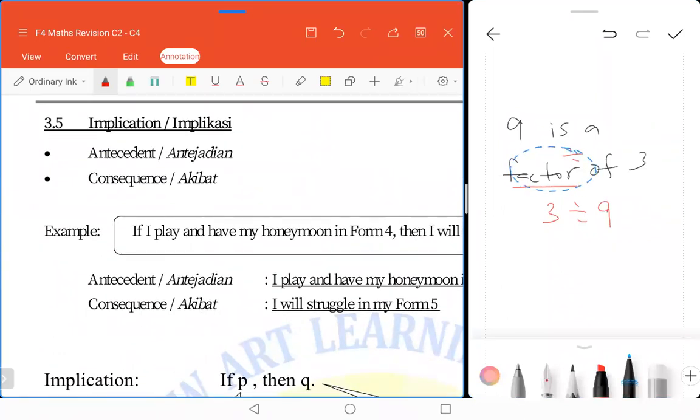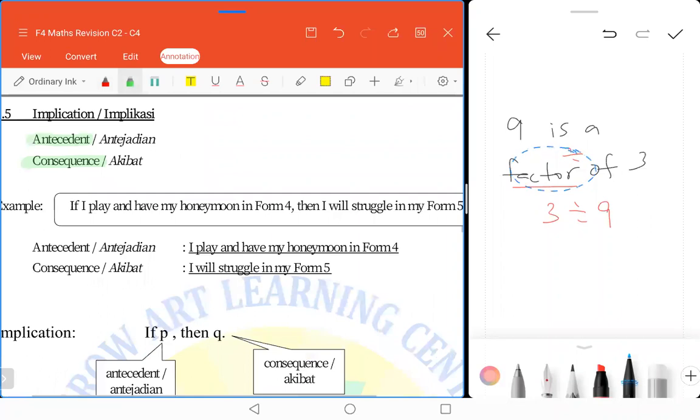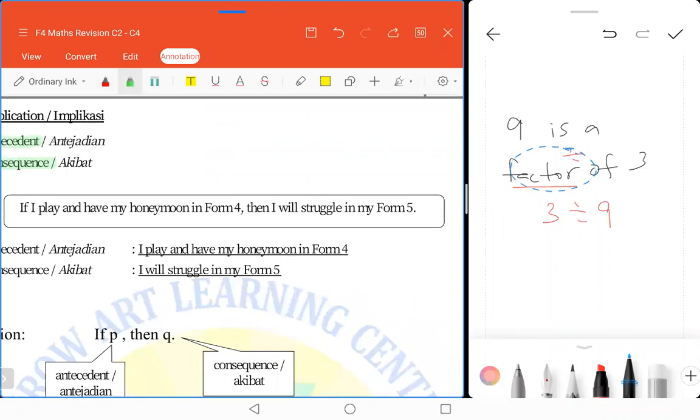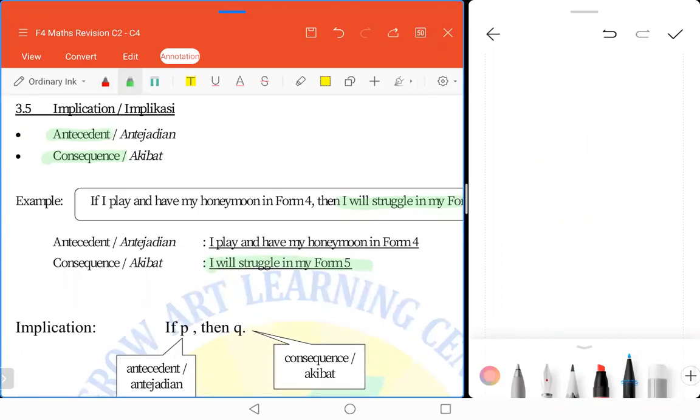Implications. Next, implication. So we have antecedent and consequence. For example here, if I play and have my honeymoon in Form 4, then I struggle in my Form 5. So what is the consequence? I'm pretty sure you know what is the consequence here. I will struggle in my Form 5. That's the consequence. Then what is the reason? Because I play and have my honeymoon in Form 4.